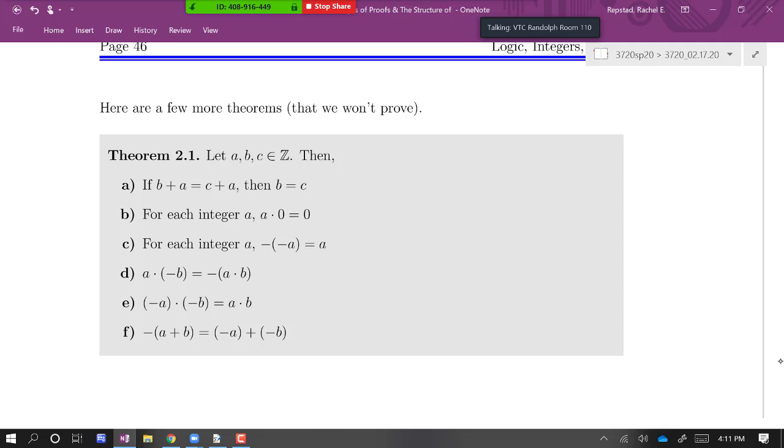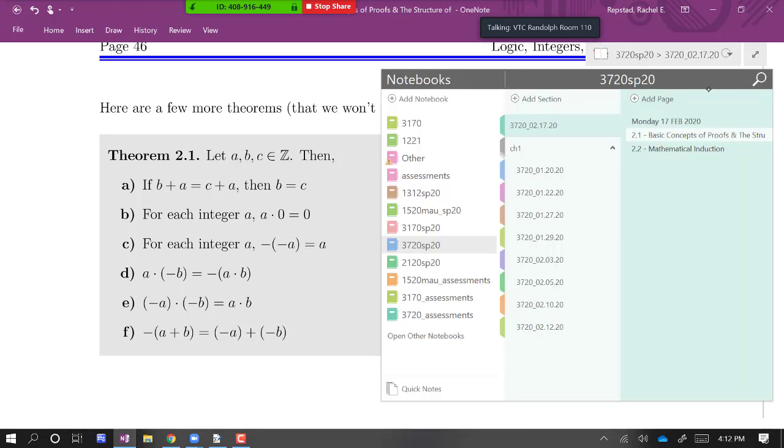I like to write these and let us observe that these are not axioms. They can actually be proven from the axioms. In a mathematical system, the strength of the axioms is that you see how little you need to assume and how far you can get. We don't need to assume that an integer times 0 is equal to 0. It can be proven. Anyway, these are theorems that you may find helpful to use.